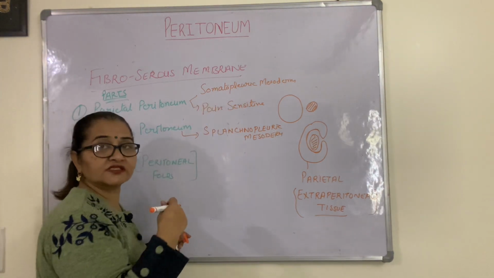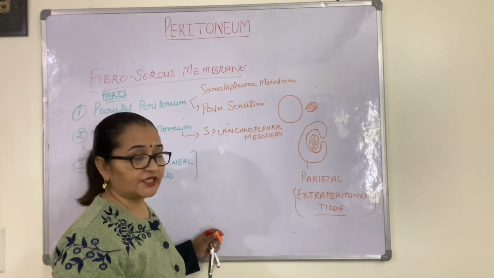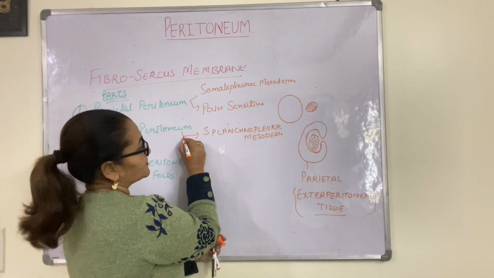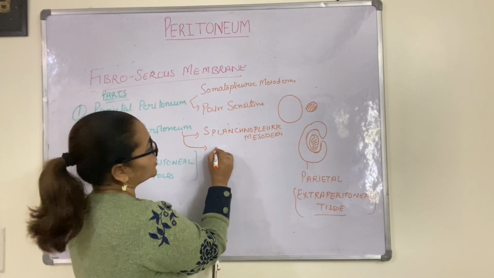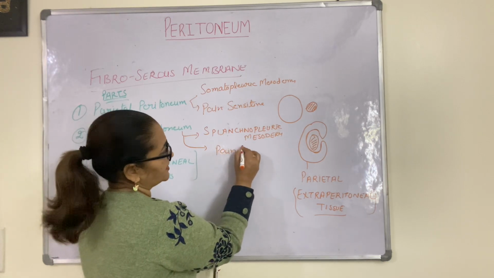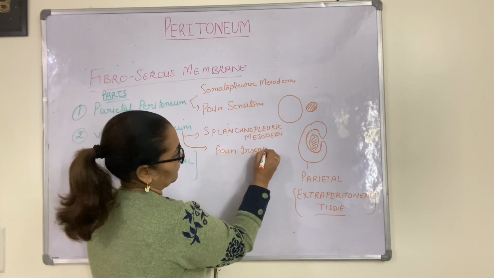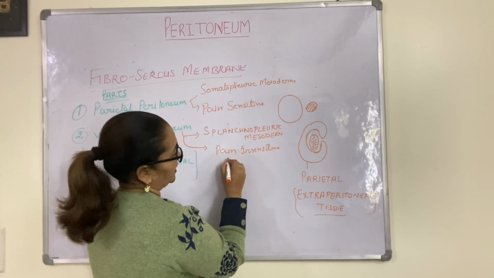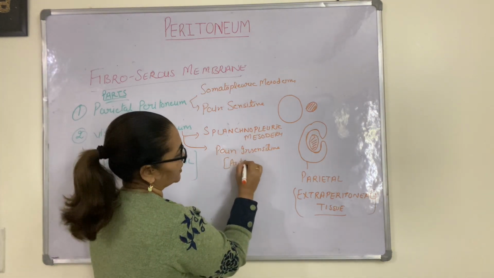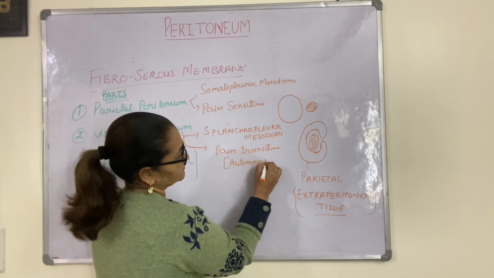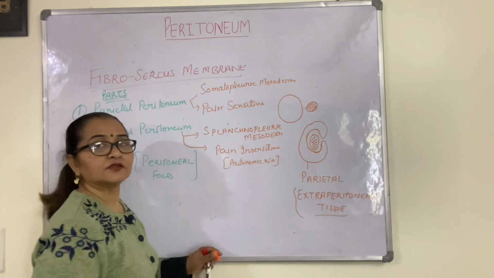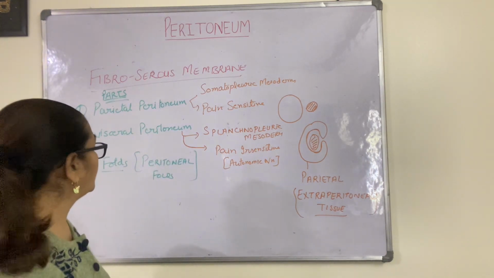These things we have discussed in our development of GIT. Now, as it is developing from splanchnopleuric mesoderm, it is pain insensitive and supplied by autonomic nerves. So this is important regarding the visceral peritoneum.